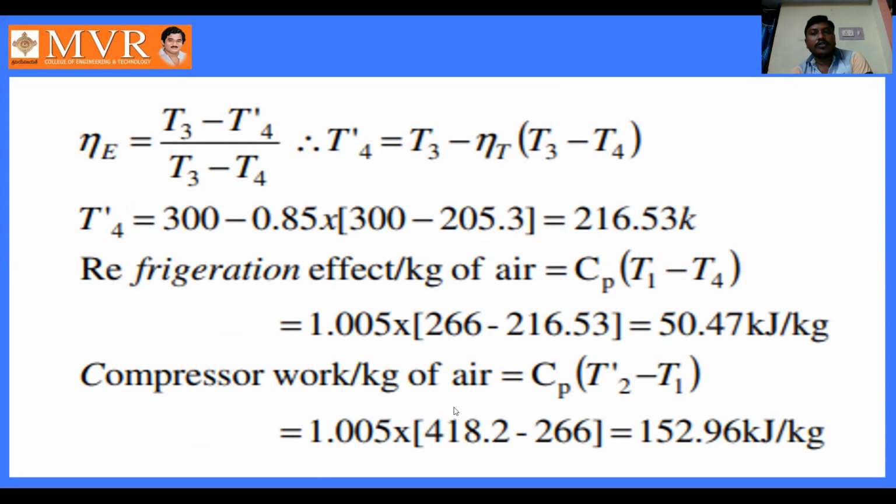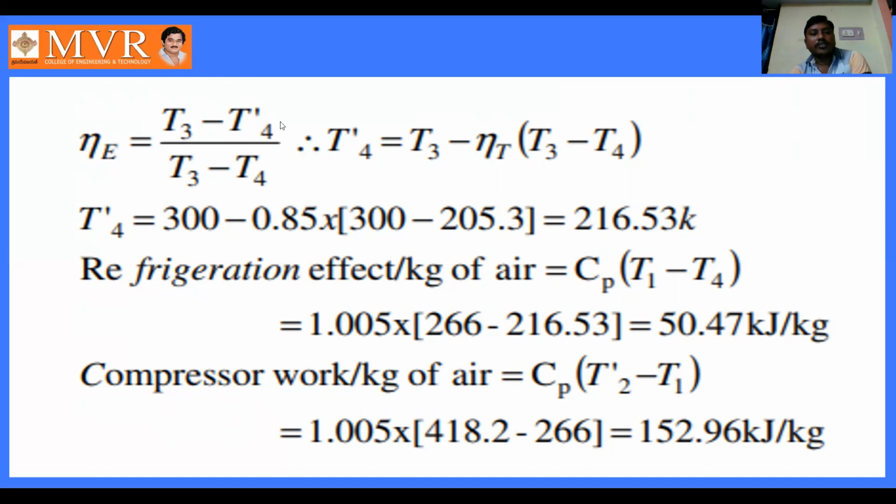Hence now we are going to calculate the efficiency of the expander, that is T3 minus T4 dash by T3 minus T4. By using this expression we are going to calculate T4 dash, taking T3 minus T4 dash to this side.